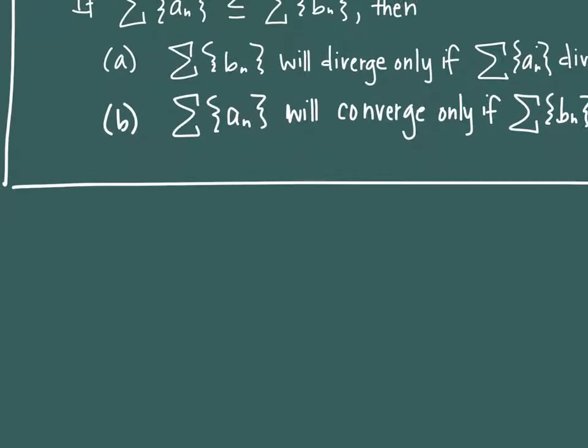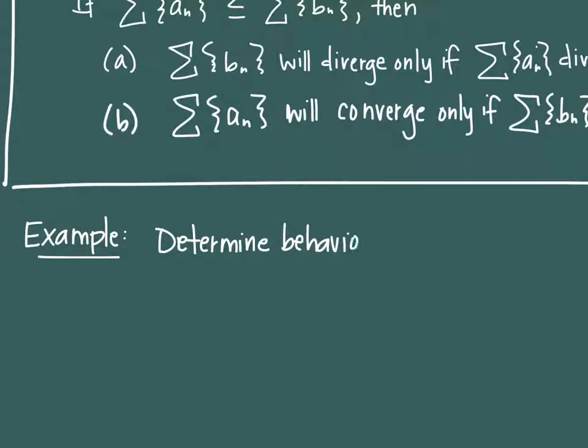All right, first example. Determine the behavior of the sum, n going from 0 to infinity, of x to the 2n over n factorial squared.